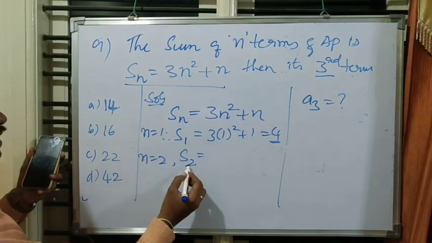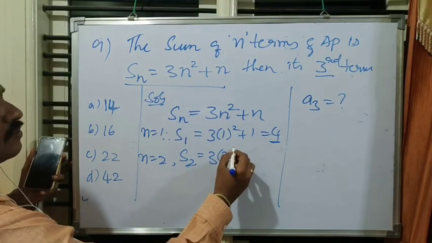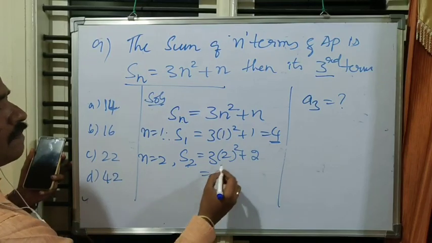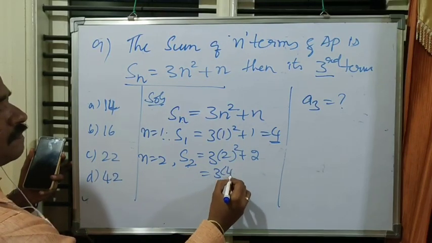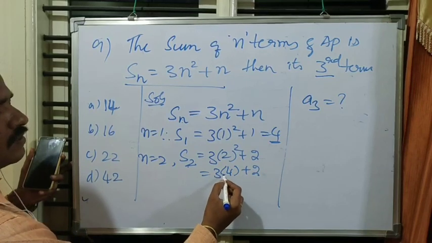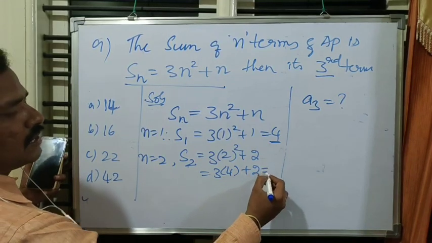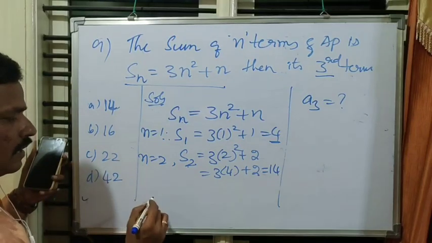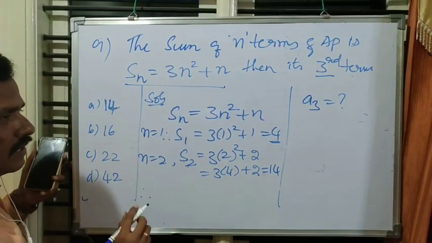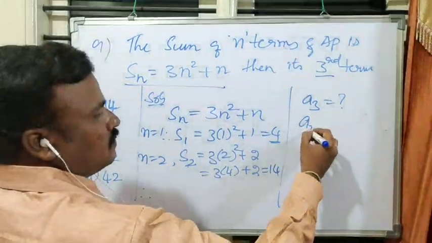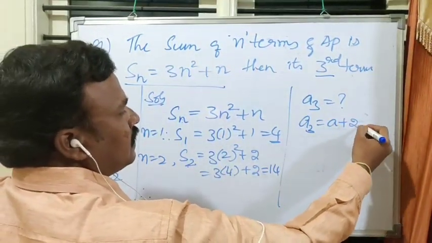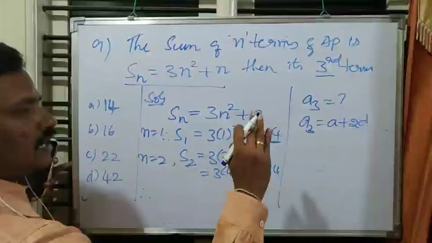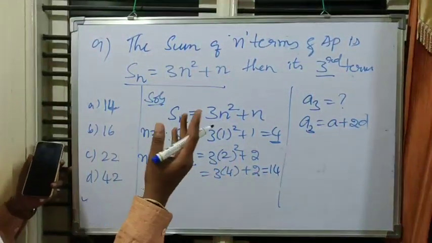Substitute the value of n: S2 is 3 of 2 square plus 2. 2 square is 4, 3 fours are 12, 12 plus 2 is 14. Here S2 is 14. So now, here we need A3. A3 means A plus 2D, or else A2 plus D. Any one you can take.